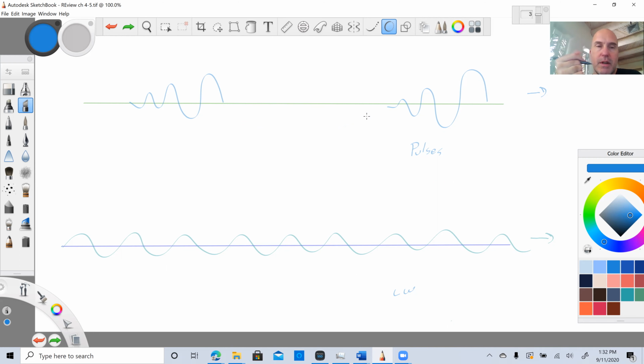Okay, as I'm just looking through the book really quickly, pulse duration is analogous to the period, the period of time for a single cycle. So for pulse duration, we go from here to here and count cycles: 1, 2, 3. I usually draw 3 cycles. It's just the way I do it.